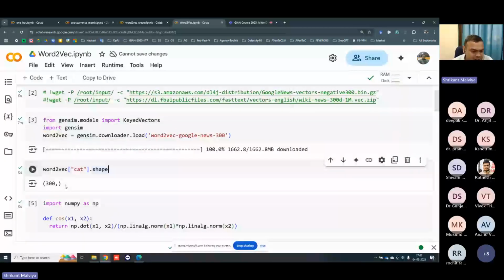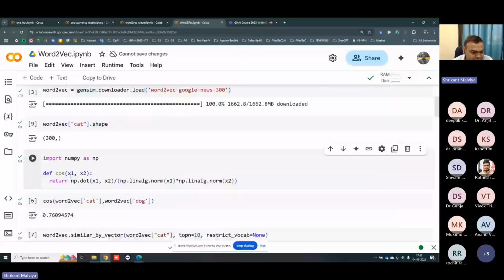We also set up a function which takes two vectors and returns the cosine similarity. This is the equation of cosine similarity, which performs the dot product and divides by the multiplication of their normalized representations.